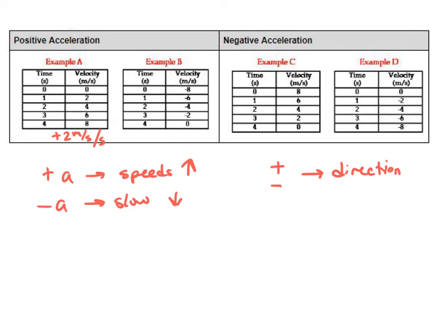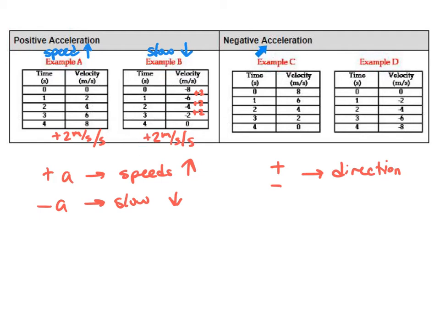Mathematically, if I look at each individual one, I'm still gaining 2 every time, still +2, but that +2 meters per second does not mean speeding up, because the values are getting closer to 0, and 0 meters per second means I'm not moving. So in this first table, you are speeding up, whereas the second table means that you are slowing down. So why I bring that up is because a positive acceleration can result in slowing down.